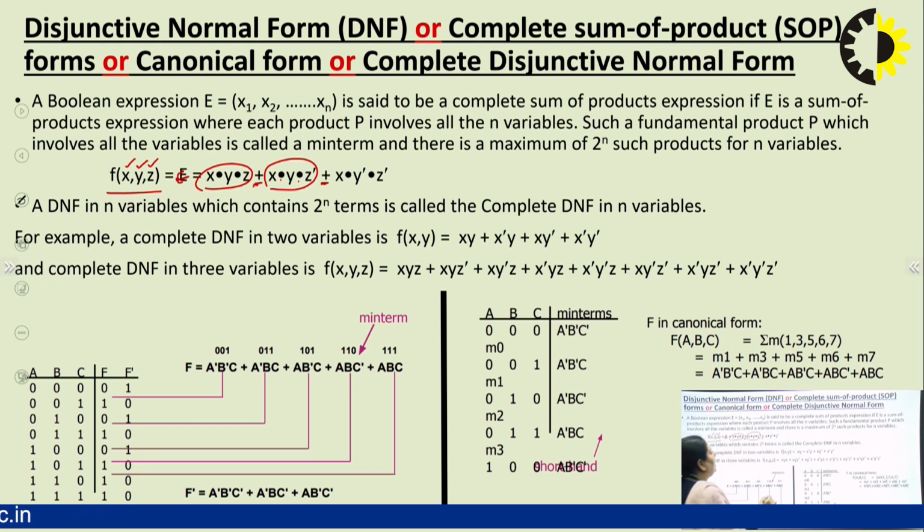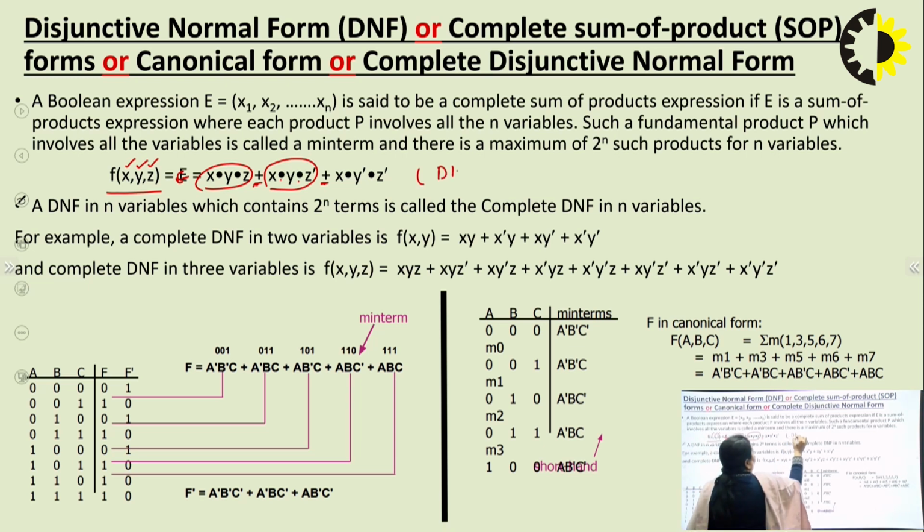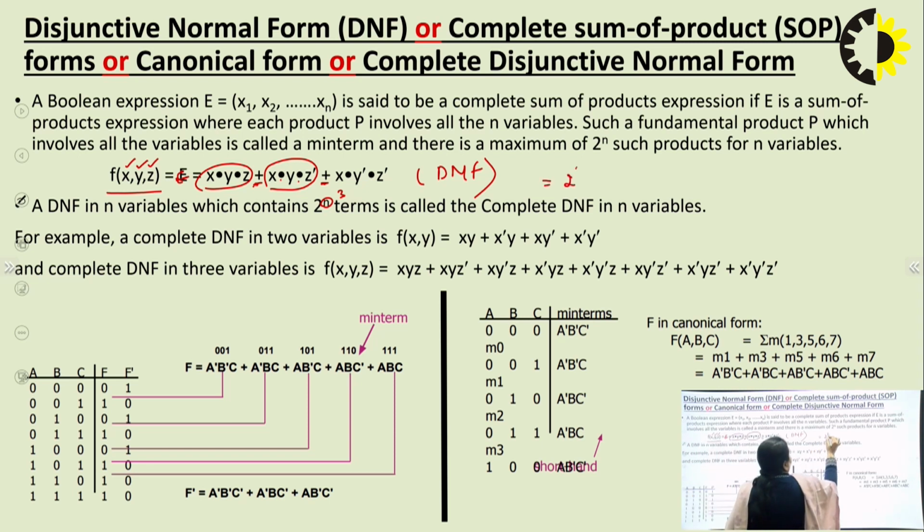This is known as DNF, disjunctive normal form, or we can say canonical form. How many terms does it have? For example, if we have three variables x, y and z, how many total terms will there be? There will be a total of 2 to the power 3, that is 8 terms.